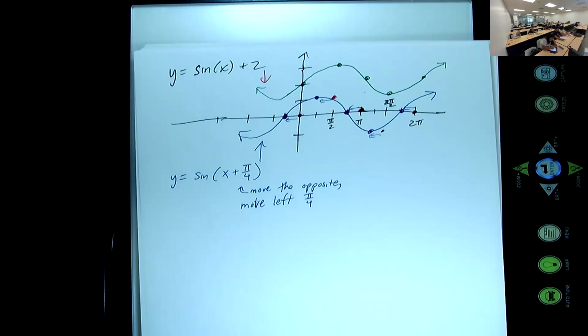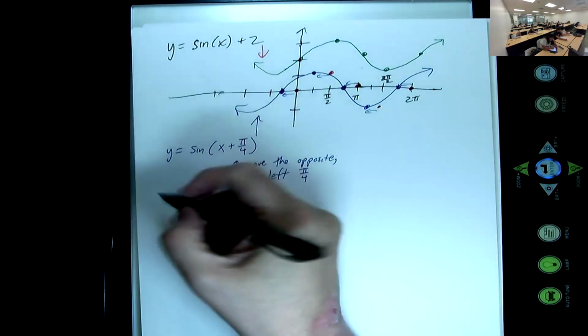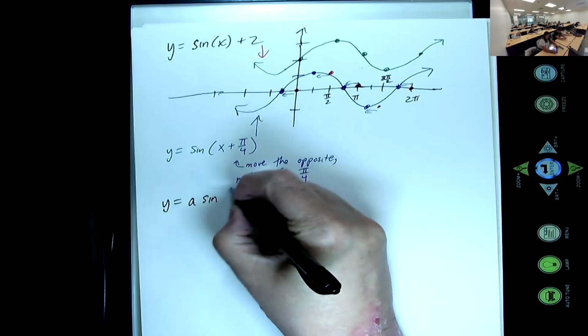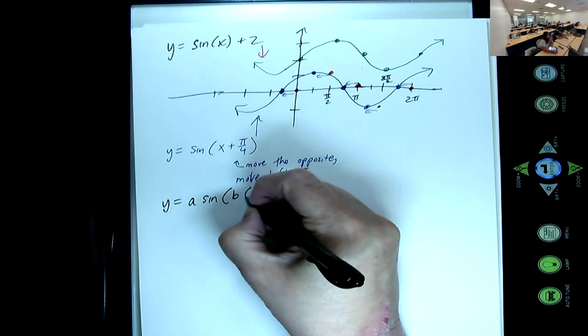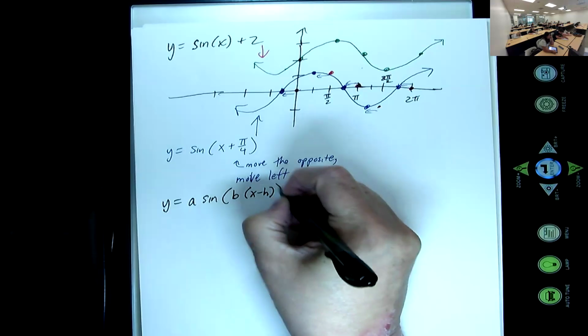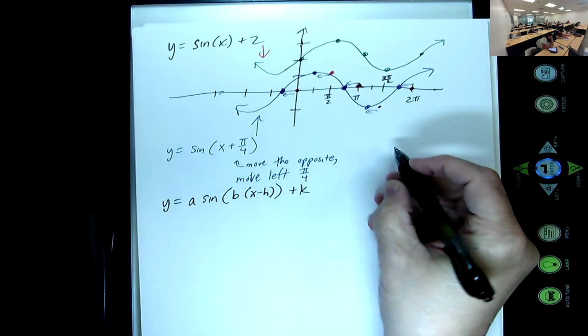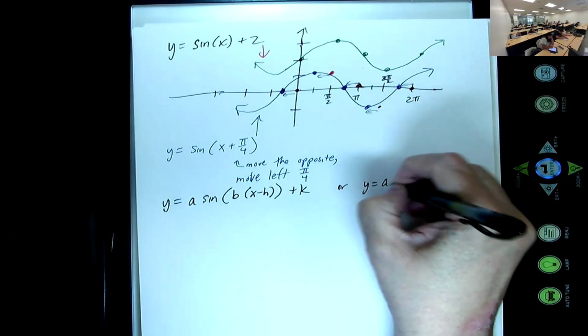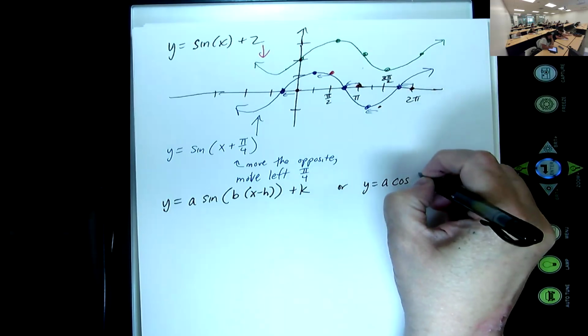So, in general, let's say we've got y equals a times sine, I'm gonna factor out the b and write it like that. Or we can do y equals, same thing with cosine. The strategy is gonna be the same.